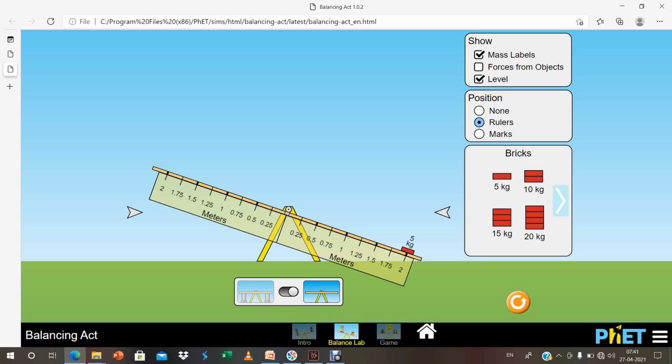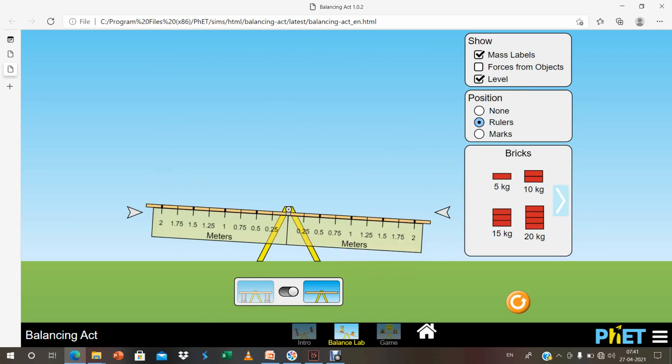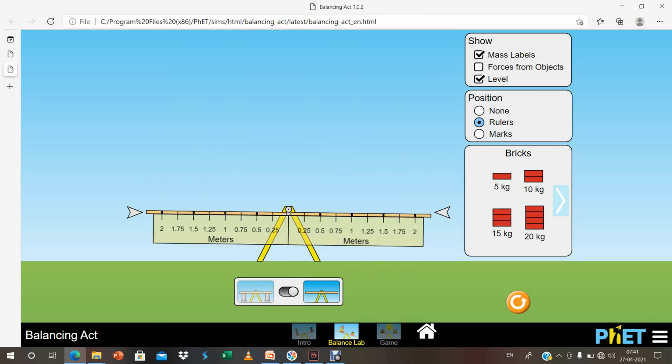Whenever there is a turning effect produced by a force, it is called torque. Now if you remove this, it again goes back to its initial state. The balance state of the object, when the clockwise and counterclockwise movements are equal, is called the equilibrium state.